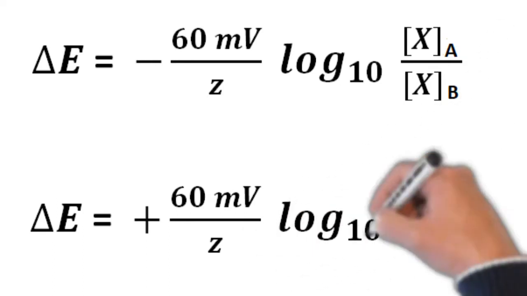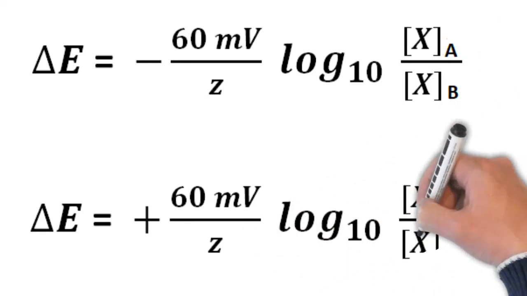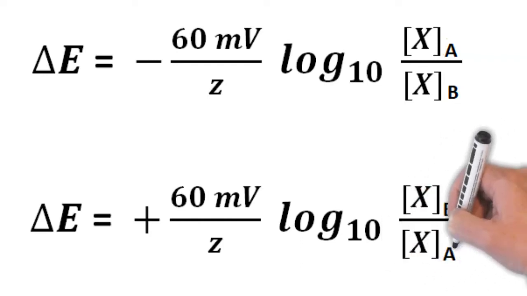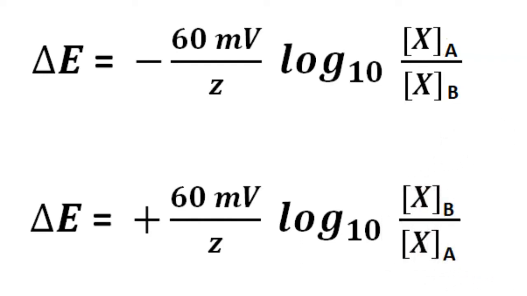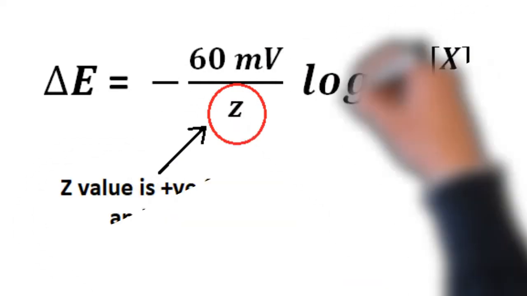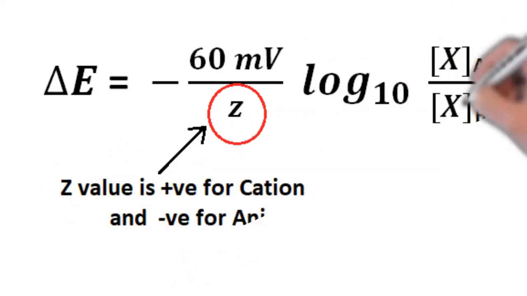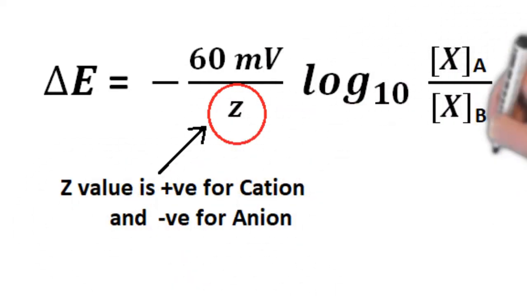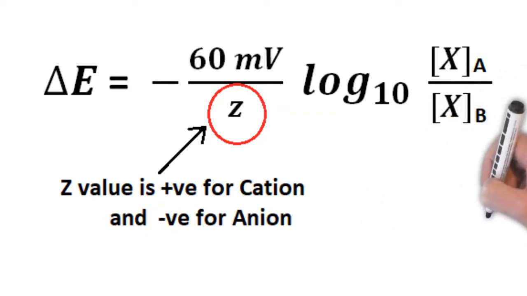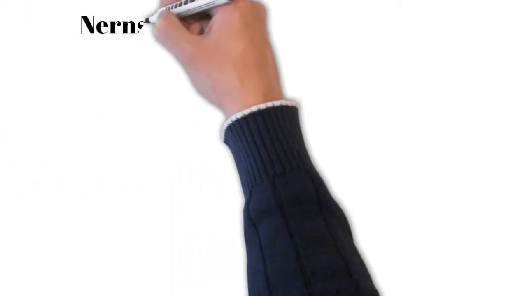If we simply invert the numerator and denominator, then we also need to change the negative sign in the main equation. Also to be noted is the charge Z for the concerned ion, which must be substituted in the equation. It will be a positive value for a cation and a negative value for an anion.